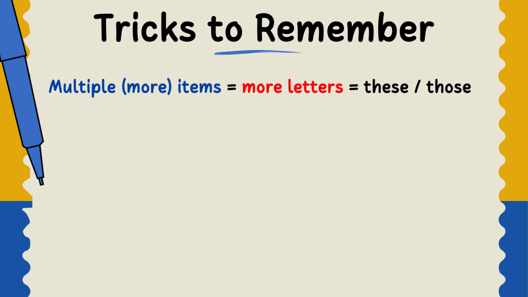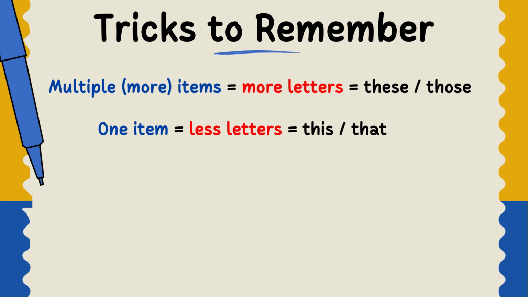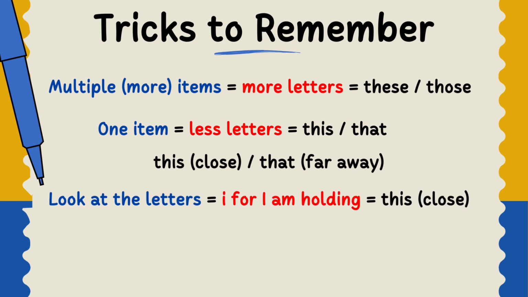Okay, going over our tips and tricks to remember. Multiple items, more letters. So we know we need to use these or those. One item, less letters, this and that. This is close and that is far away. How do we remember that? We look at the letters.